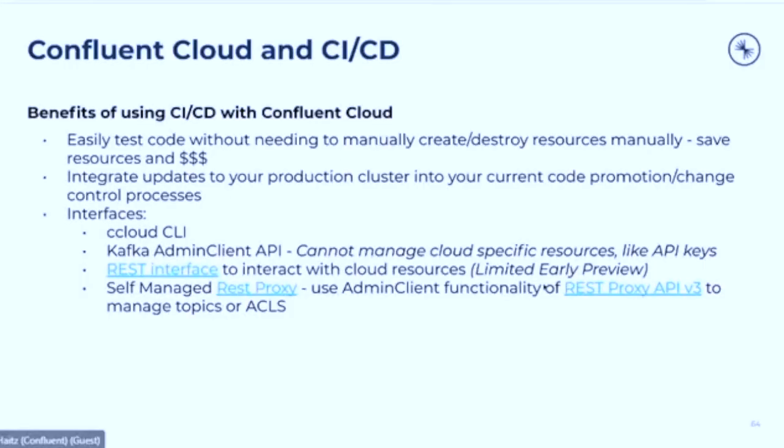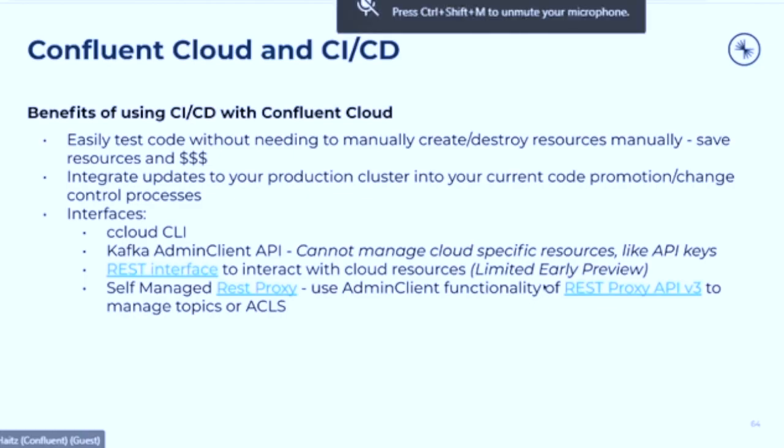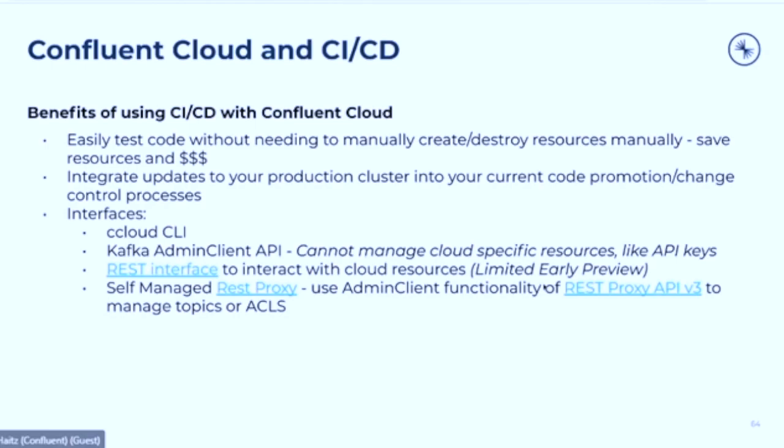Now, you might be thinking, aren't there other options available? And yes, there are, and there are additional options under development. Confluent invests heavily in providing a REST API for all the operations you might have for your Confluent Cloud account, be it the creation of a cluster, connectors, or ksqlDB clusters.